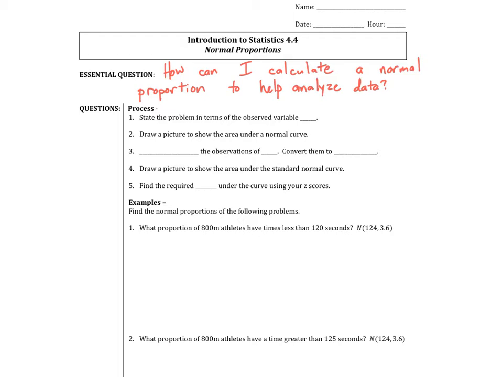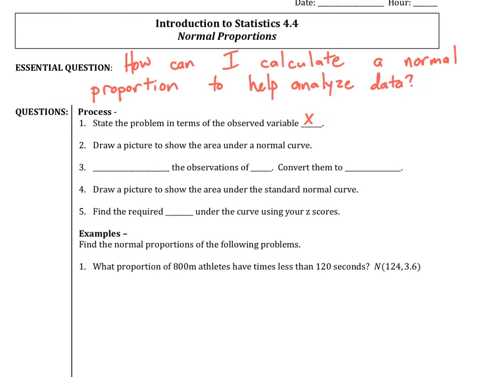The process we take is step 1. You state the problem in terms of the observed variable, which we will call x. Step 2 is draw a picture to show the area under a normal curve. Step 3 is standardize the observations of x, and we will convert them to a z-score.